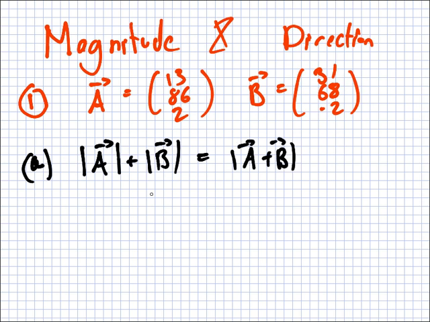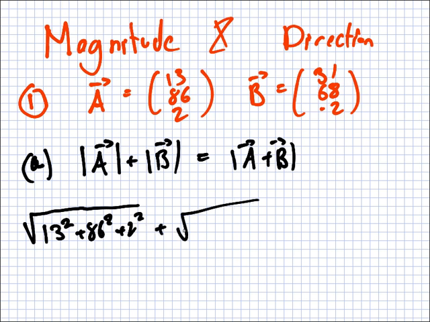Let's see. Well, firstly, the magnitude of A, that is root 13 squared plus 86 squared plus 2 squared. Yeah? And magnitude of B, that's 31 squared plus 68 squared plus 2 squared.